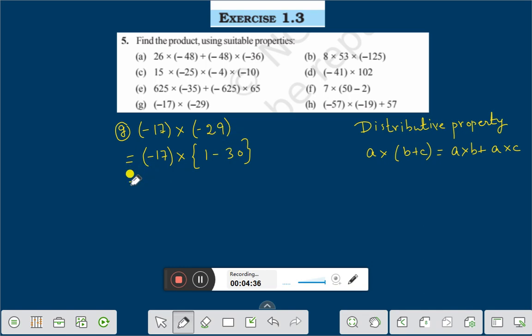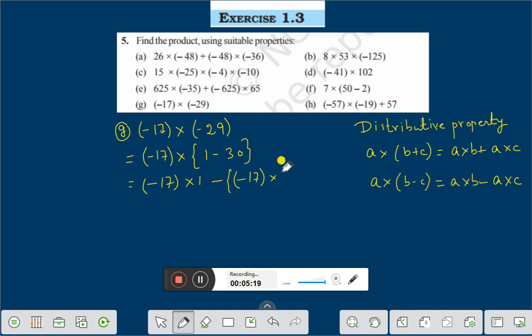Now we will multiply this. You can write this property also as A into B minus C is equal to A into B minus A into C. Therefore, we can write minus 17 into 1 minus minus 17 into 30.